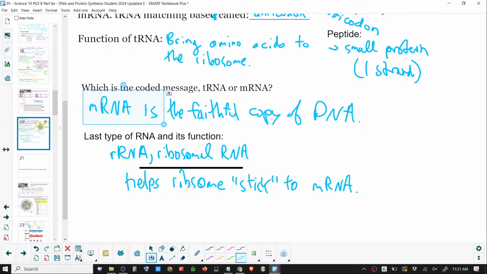The ribosome is made of mostly protein, but it has a small RNA component called rRNA, and we think that's there to sort of help it stick. Its hydrogen bonds stick to the messenger RNA, not well, but enough to hold it there a little bit, and so helps with the initiation and termination of everything, and it both helps it stick, and at the right point, it helps it unstick.